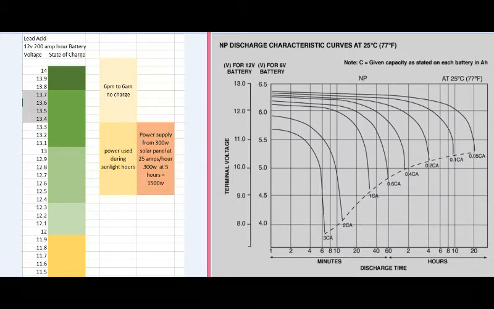Plus, any power you use during that time it's producing power, it's going to offset what you're actually pulling out of the battery. And if you got 300 watts coming in from the solar panels and you're using less than 300 watts, you're actually not using the battery. You're using the power directly from the solar panels.